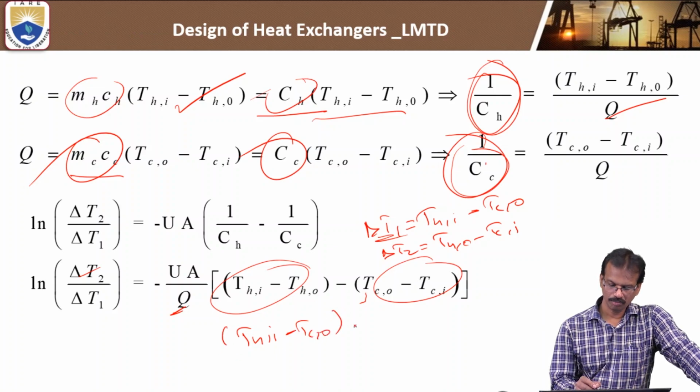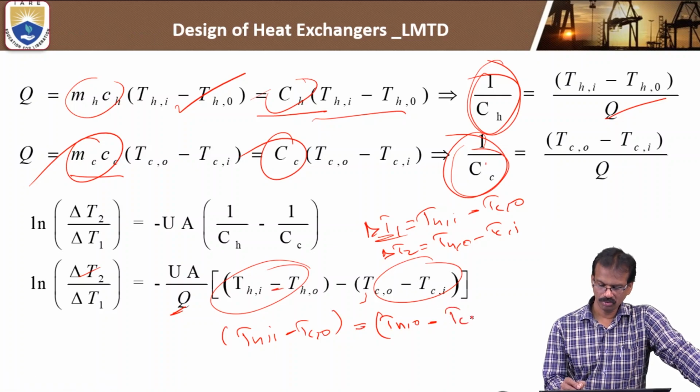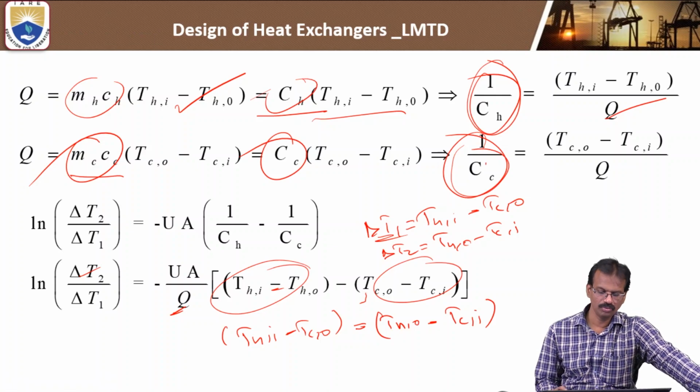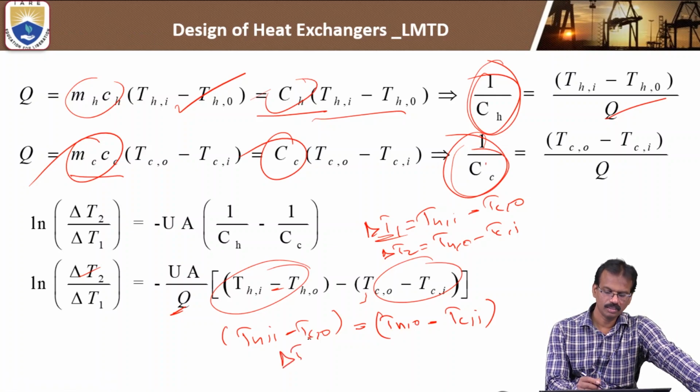Then you can take minus of THo minus TCi, with minus and minus giving plus. Okay. You can rearrange this temperature. Then you know that this is the delta T1 and this one is the delta T2.